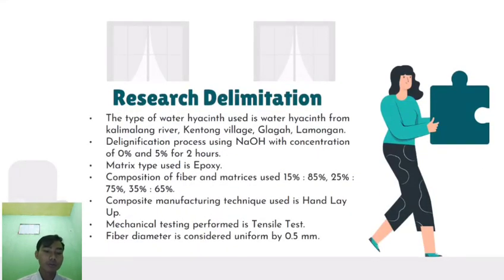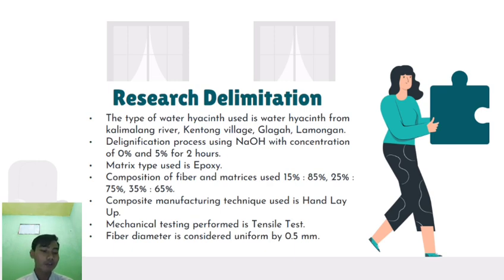Research limitation. 1. The type of water hyacinth used is from Kalimalang River, Kantong Village, Ilaga, Lamongan. 2. The alkalization process uses NaOH with concentrations of 0% and 5% for 2 hours. 3. The matrix type used is epoxy. 4.